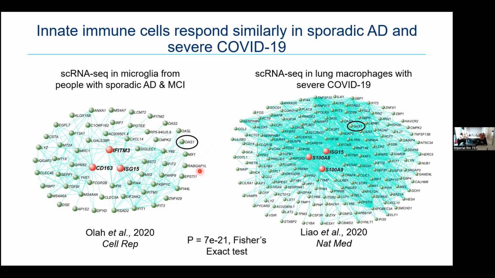I really like to look at the data with this network analysis approach because I think it gives us a lot of clues as to what's driving the cellular response. I think this is also a way of potentially intelligently designing biomarkers that may be useful to track disease progression for a variety of diseases. And I guess this data is also telling us that there's a common response of these innate immune cells to the different pathologies as well.